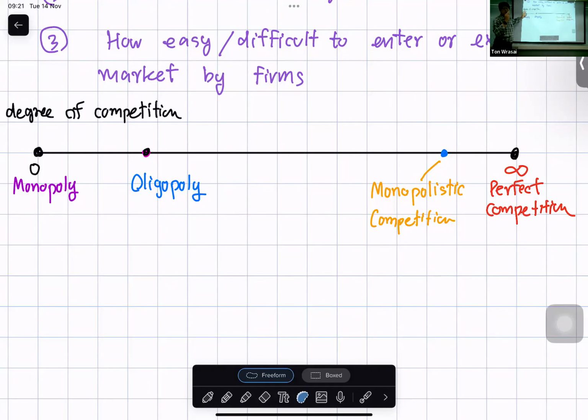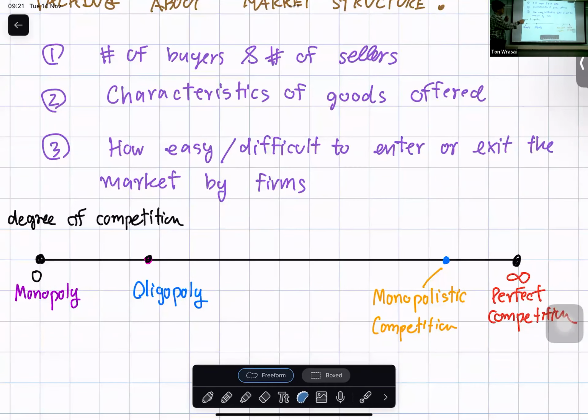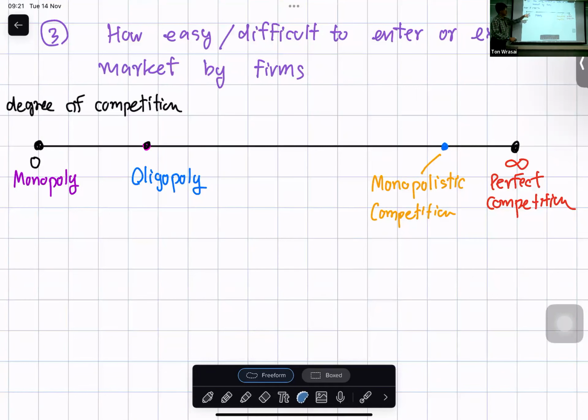Okay. We have 4 structures, but in this class, EC213, we mainly focus on the perfectly competitive market on the right and monopoly on the far left. Okay. Let's start with the issues that we want to discuss: 1, 2, 3. Issue number 1.